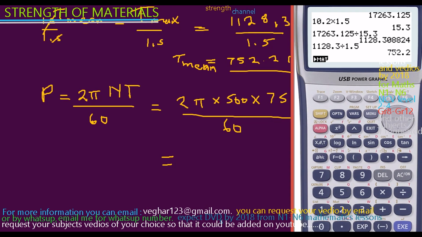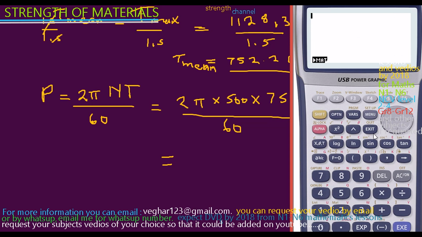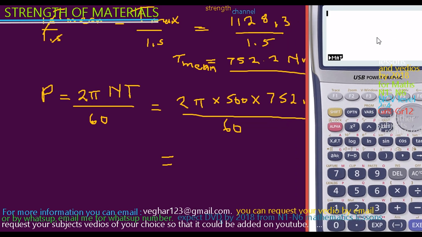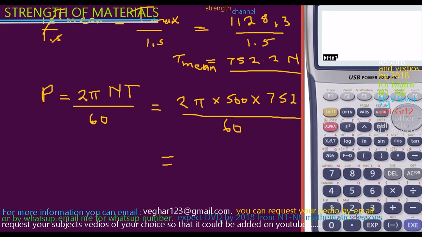Okay, I'll just clear the calculator, and then calculate. So it's 2 times shift pi multiply by 752.2. I forgot the 500, and then divided by 60.